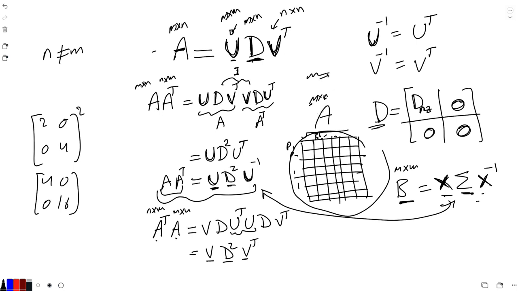Usually M does not equal N; it is rarely the case that M equals N. And in this case we want to analyze this data.